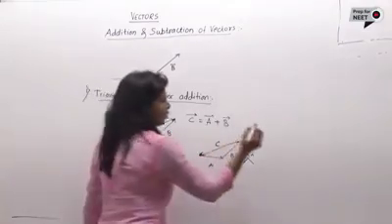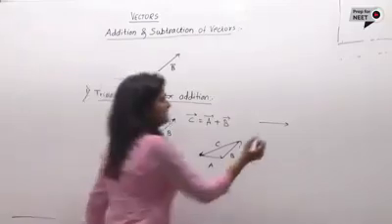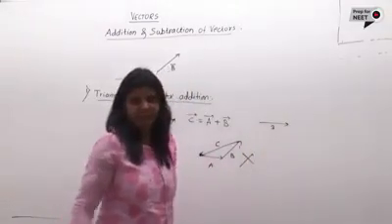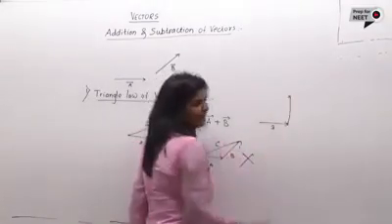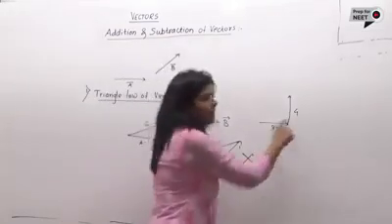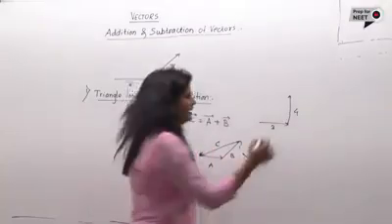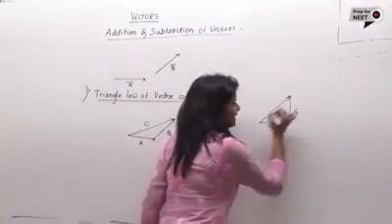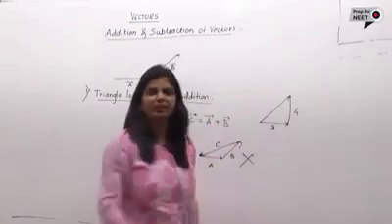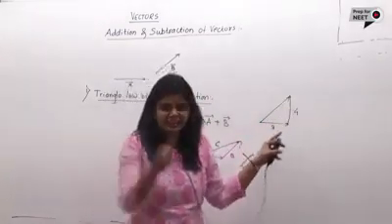Unless and until there is only one possibility. Let's say you have one vector like this, right? I'll say this is vector 3, right? And I have another vector like this. I'll take this other vector as 4, right? I'm talking about the magnitudes of two vectors and they are arranged in order. Then the resultant is a vector which starts from the first point of the first vector to the end point of the other vector, right? So if I check it here, you can see that this is a right angle triangle.